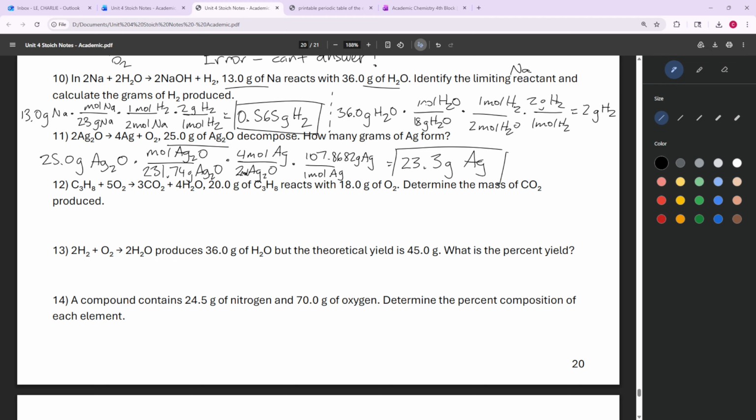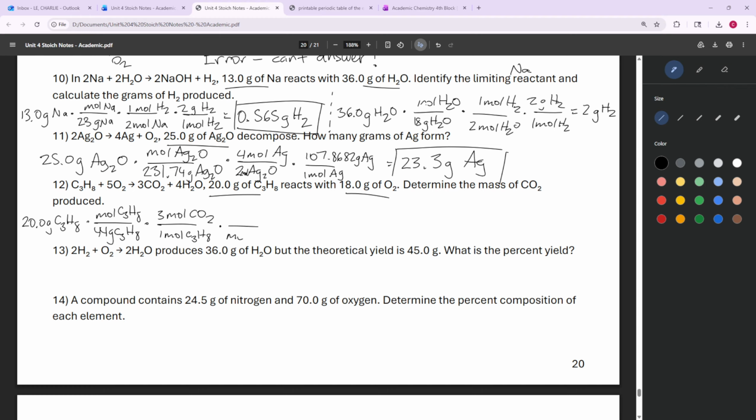Number 12. So again, a limiting reactant problem. Got 20 grams of C3H8, 18 grams of oxygen. Determine the mass of CO2 produced. So 20 grams of C3H8 times, 44 grams C3H8 gets us a mole of C3H8 times, it's a 1 to 3 ratio, 1 mole of C3H8 gets us 3 moles of CO2.